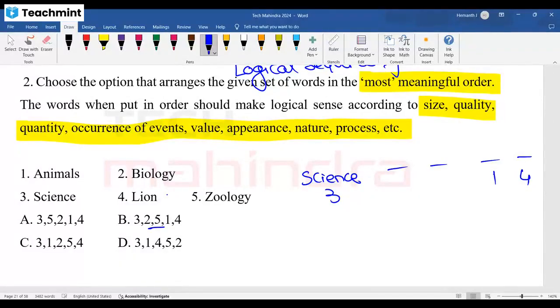But here 2 and 5, which one? Biology then geology, or geology then biology? Which one is correct? Guys, I have less general knowledge. Help me. Is biology part of geology or geology a part of biology?